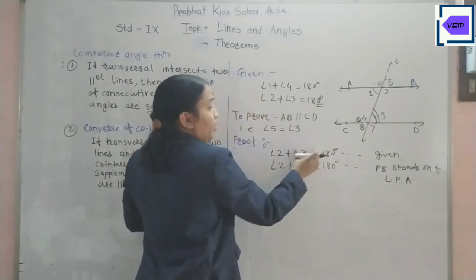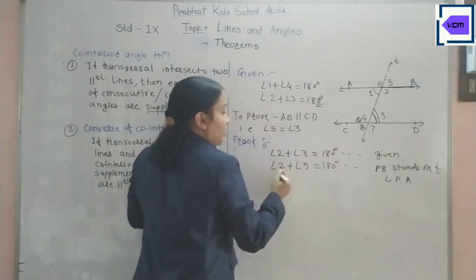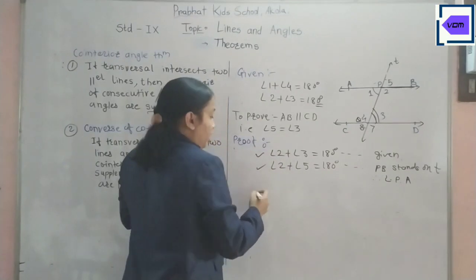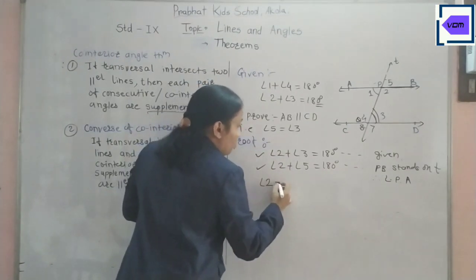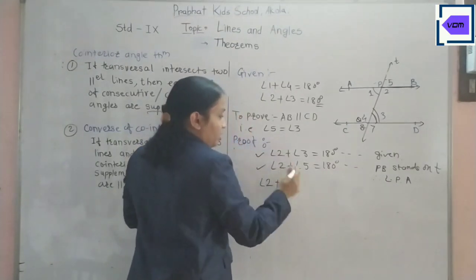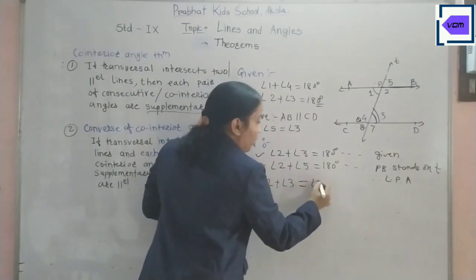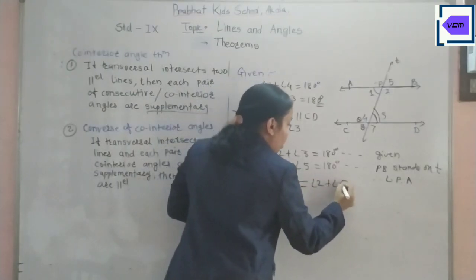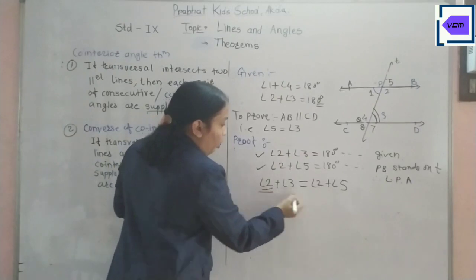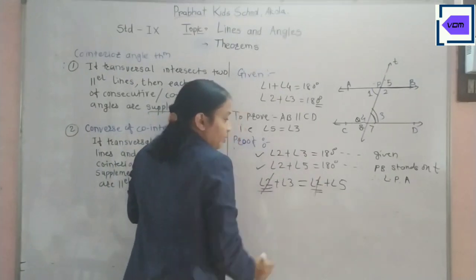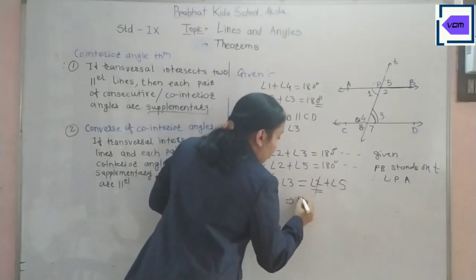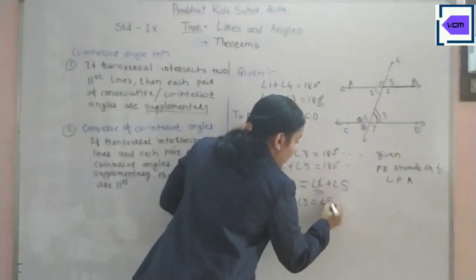Now, on the right-hand side, the sum of both angles is 180, so you can equate their left-hand sides. Therefore, angle 2 plus angle 3 equals angle 2 plus angle 5. Now, the same quantity is subtracted, so you get angle 3 is equal to angle 5.